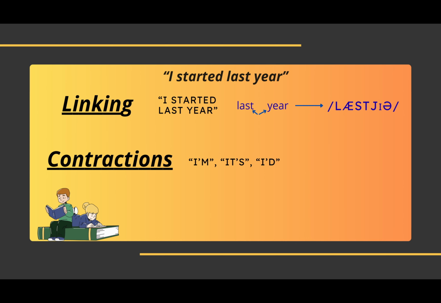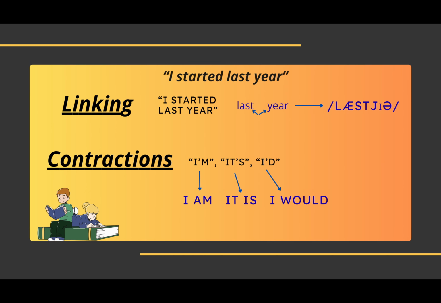For example, "I'm," "it's," "I'd." So those are contractions. For example, the first one is a contraction of "I am." The second one is a contraction of "it is." And "I'd" is a contraction of "I would."